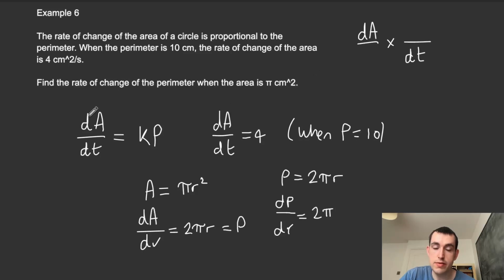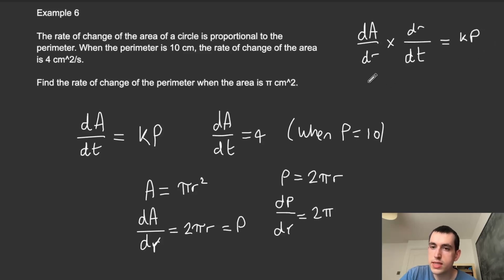So in the original dA/dt, we don't really want the A because the question is wanting the rate of change of the perimeter. So let's put maybe an r there instead. And that is more helpful because dA/dr is P. So this will be equal to kP, as in the original question.